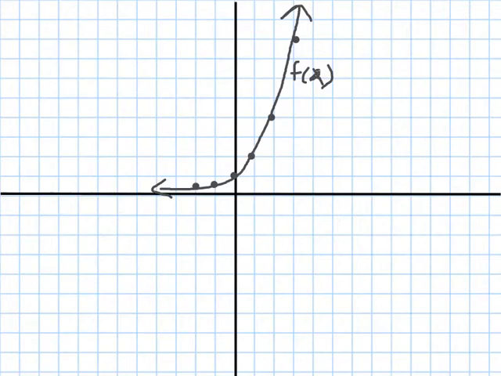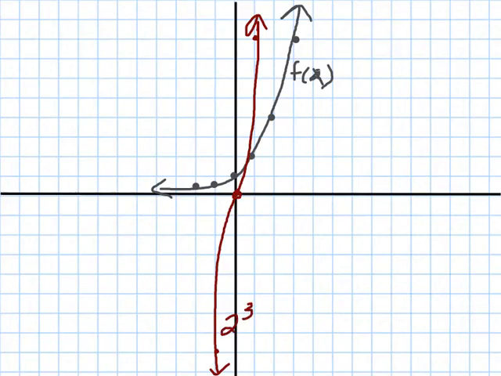Negative 1, 1/8; 0, 1; 1, 8. Just notice what happens when I multiply that exponent by 3 times x on that 2. So that's going to give me 2 raised to 3 times x.